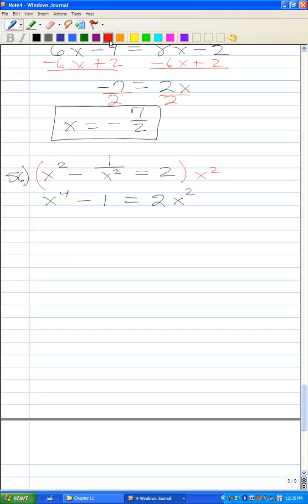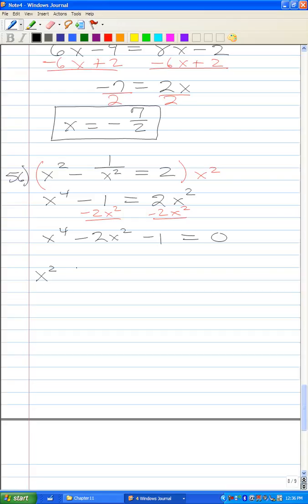Let me subtract 2x squared from both sides of my equation. So I get x to the 4 minus 2x squared minus 1 equals 0. And so let me use the quadratic formula. This is quadratic in x squared, so my variable of which this equation is quadratic is x squared.